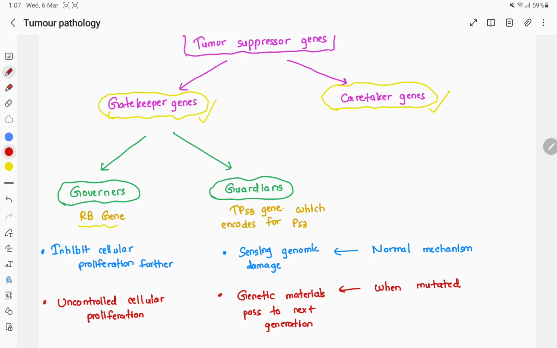Also, you have to remember that in tumor suppressor genes, both normal alleles must be damaged for tumorigenesis. That means to become a tumor, both alleles of the tumor suppressor gene should be damaged or mutated.